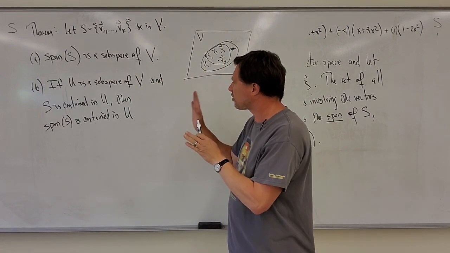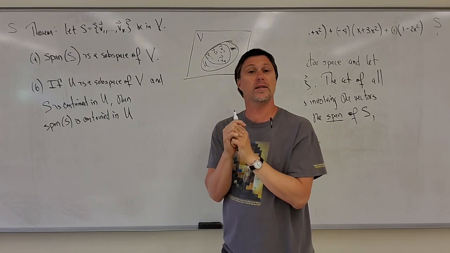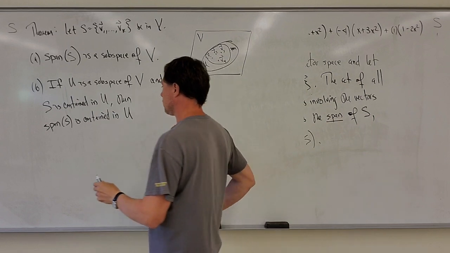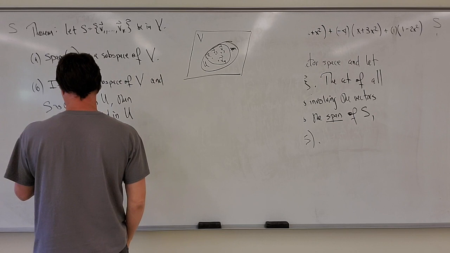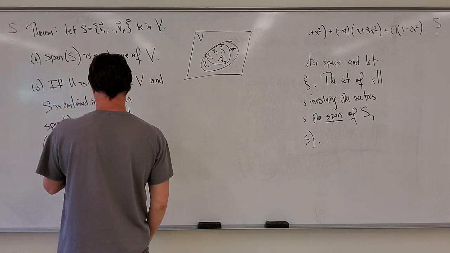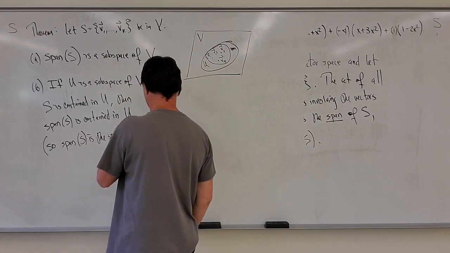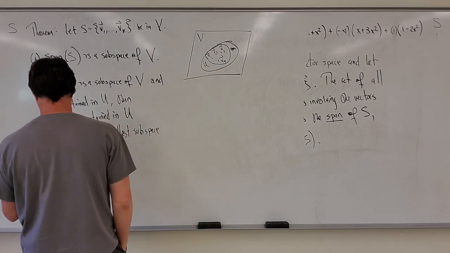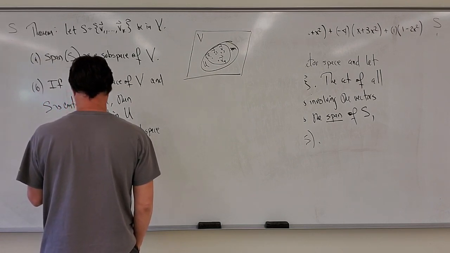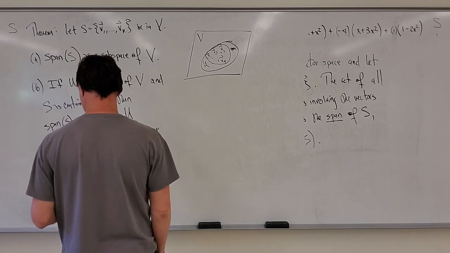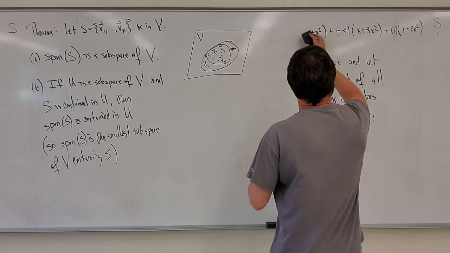A way to interpret this: the span of S is the smallest subspace that contains each of those v's. So we can say that in parentheses: span of S is the smallest subspace of V containing S. So there's a way to think of what span is.